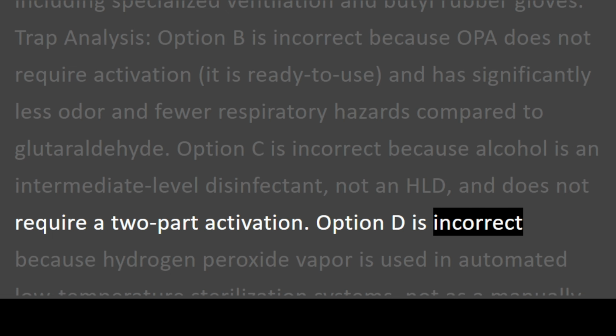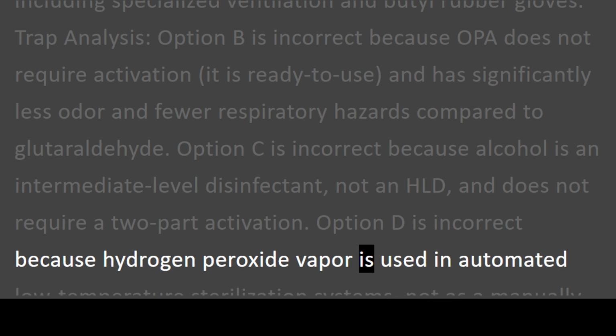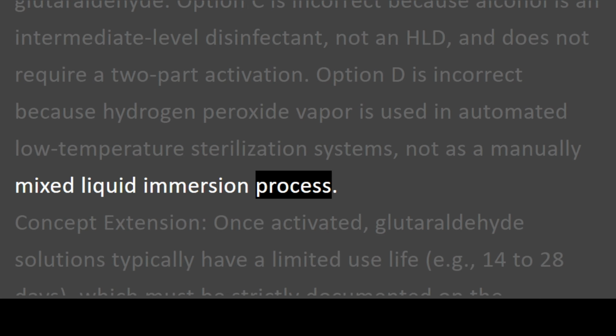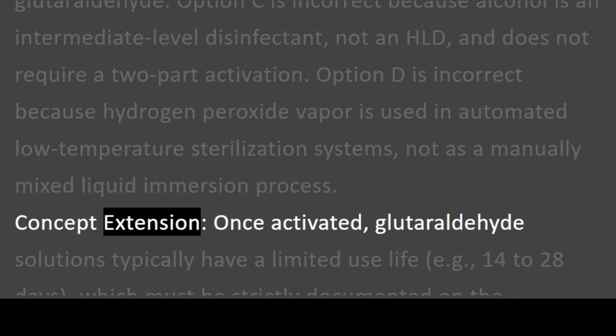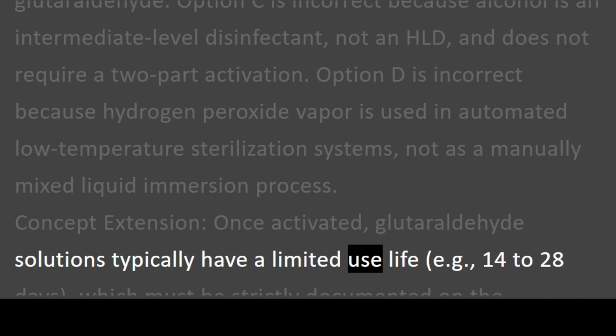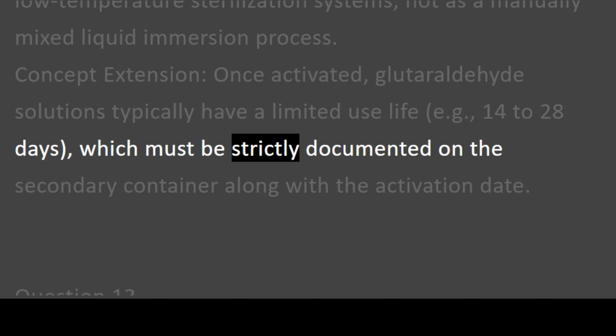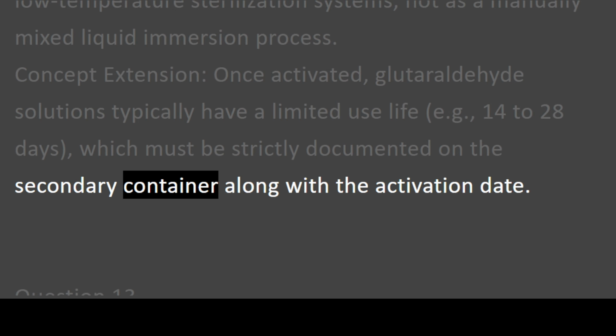Option D is incorrect because hydrogen peroxide vapor is used in automated low-temperature sterilization systems, not as a manually mixed liquid immersion process. Concept extension. Once activated, glutaraldehyde solutions typically have a limited use life, e.g., 14 to 28 days, which must be strictly documented on the secondary container along with the activation date.